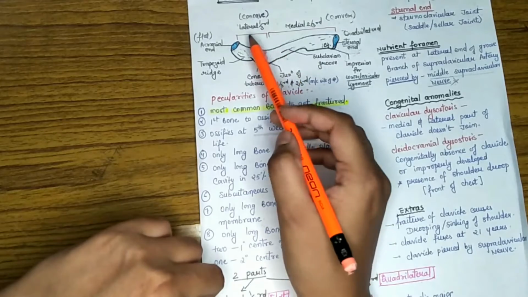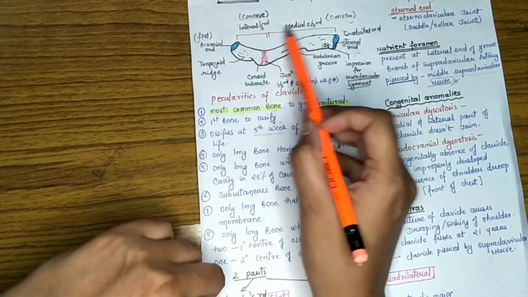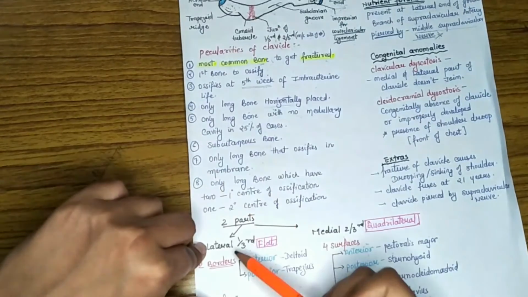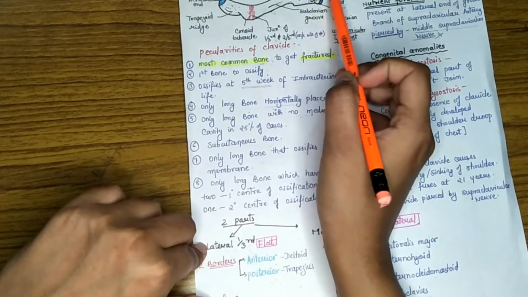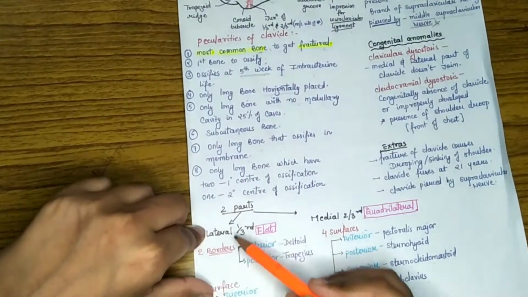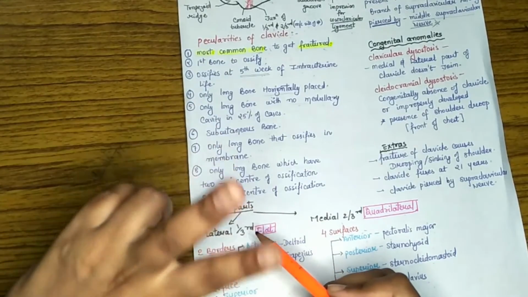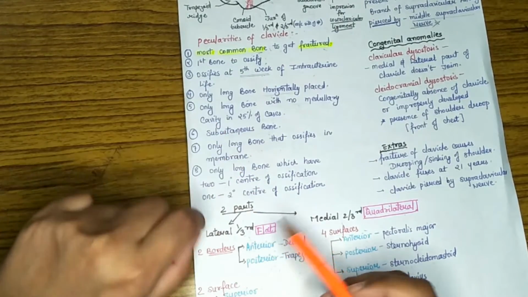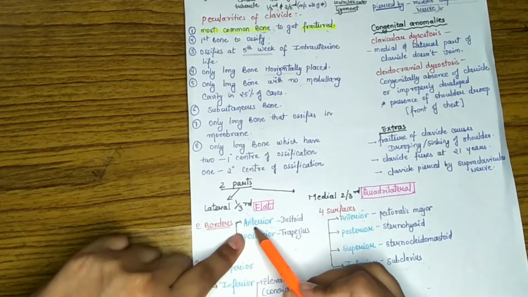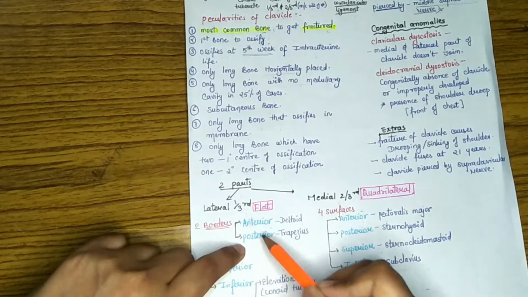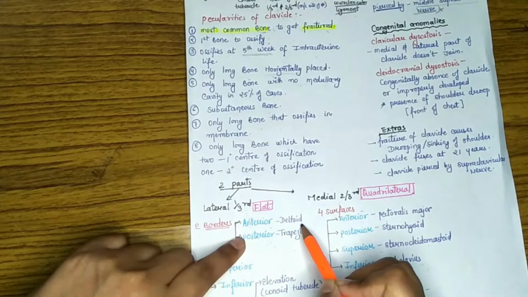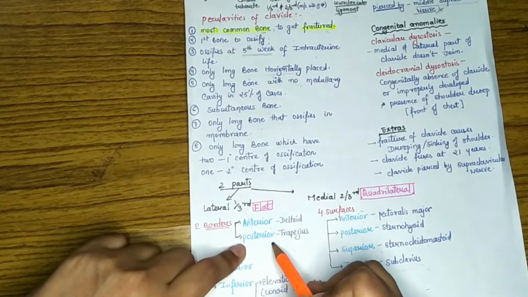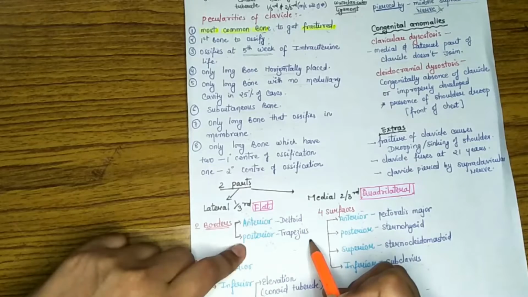Now we'll talk about the parts. As we already discussed, there will be the lateral 1/3 part and the medial 2/3 part. The lateral 1/3 part is flat, and the medial 2/3 part is quadrilateral. In the lateral 1/3 part, there will be two borders and two surfaces: the anterior border and the posterior border. On the anterior border, the deltoid muscle is attached, and on the posterior border, the trapezius muscle is attached.